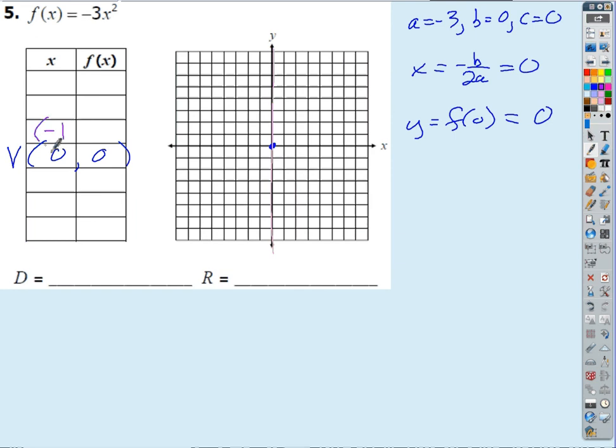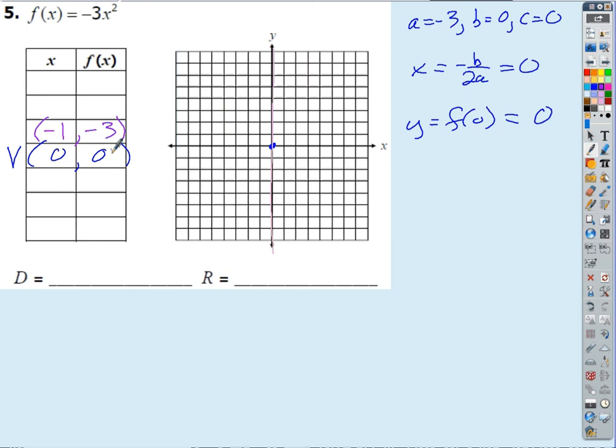If I plug negative 1 in, what am I going to get? I'm going to get negative 3 times negative 1 squared. What's negative 1 squared? It's 1, times negative 3 is negative 3. And notice what I'm doing here. When we write a vertical t-table like this, that's a convenient way to do it, because then the x and y columns end up looking like the coordinates of ordered pairs.